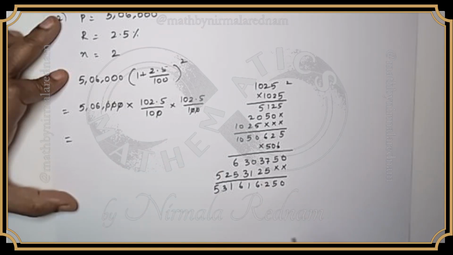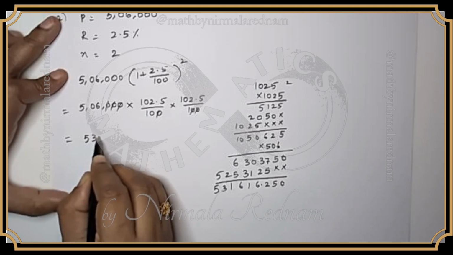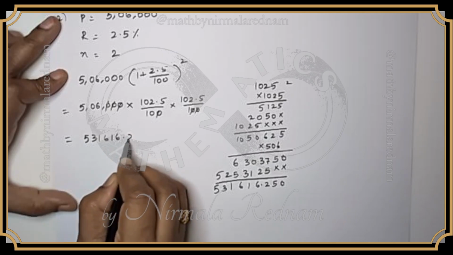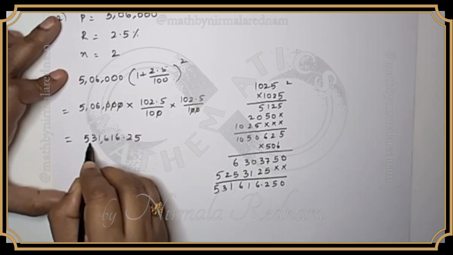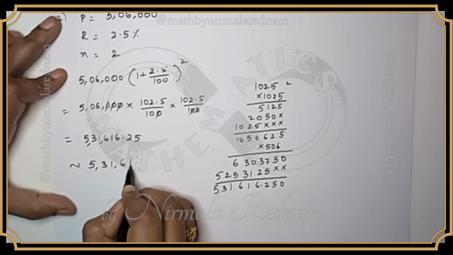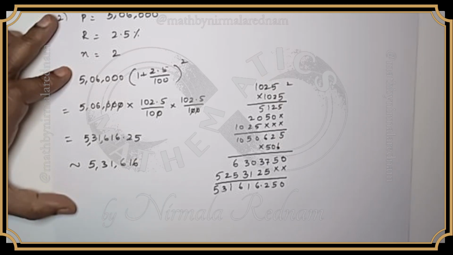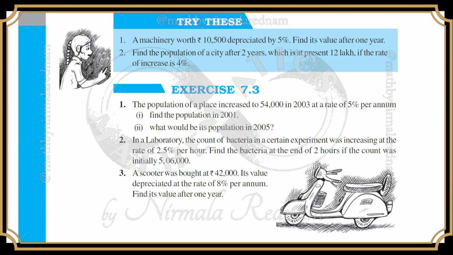So I'm going to put a decimal here, and it's going to be 531,616.25, approximately 531,616. So that's your answer for the bacteria count after 2 hours.